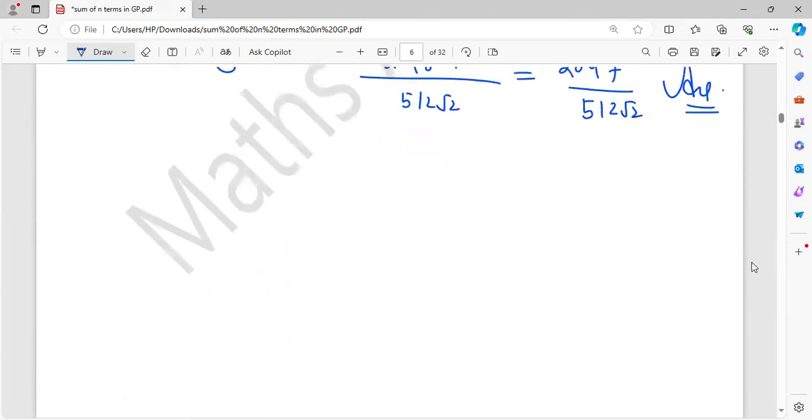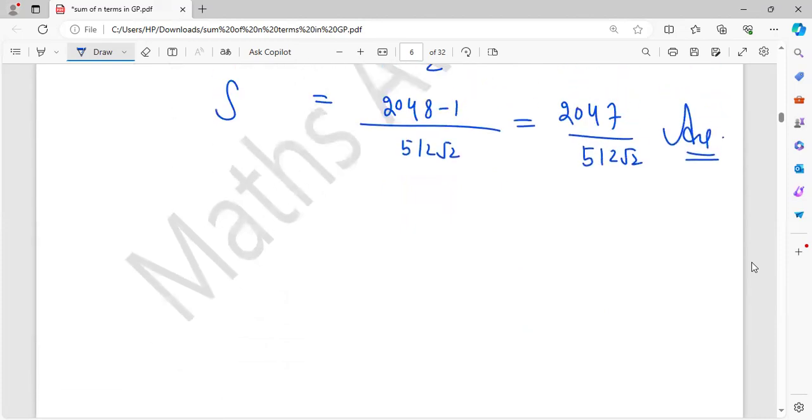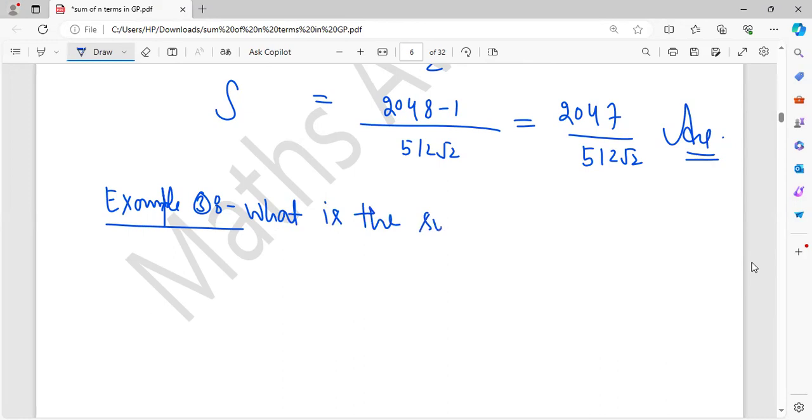Okay. Now we are seeing another example. What is the sum of the given GP?